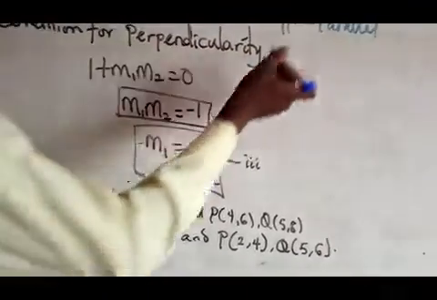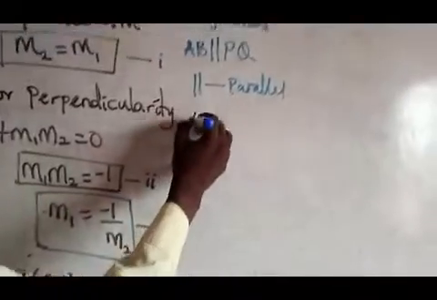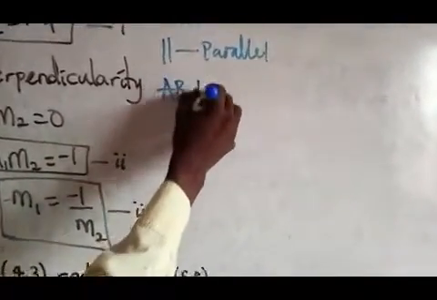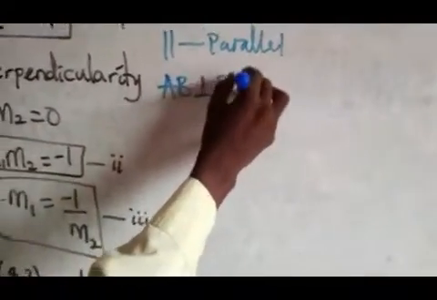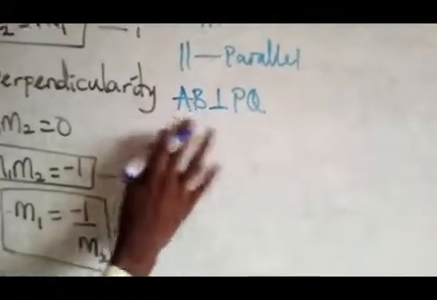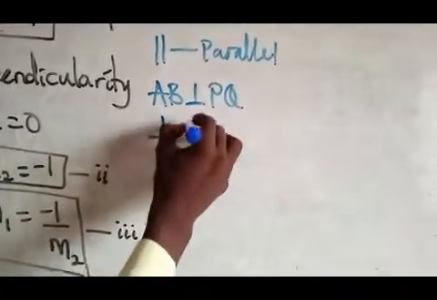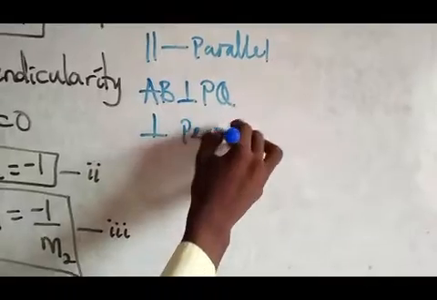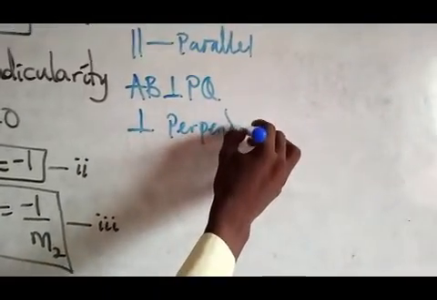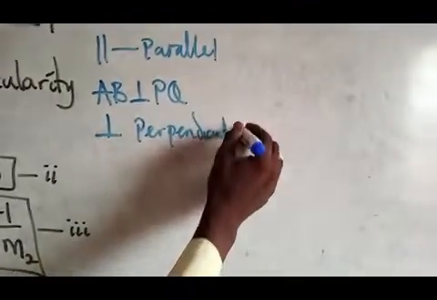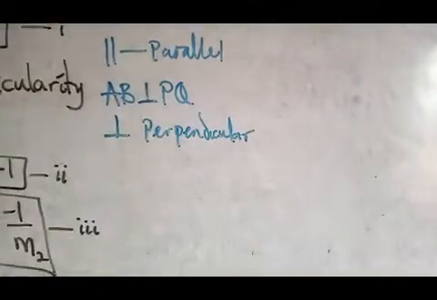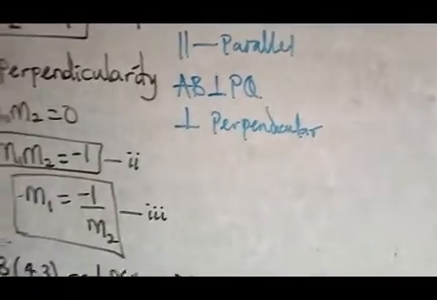And if AB is perpendicular to PQ, we write AB ⊥ PQ. So this sign here means perpendicular. All right, so don't forget I'm talking about perpendicularity and parallelism. So let's see some examples.